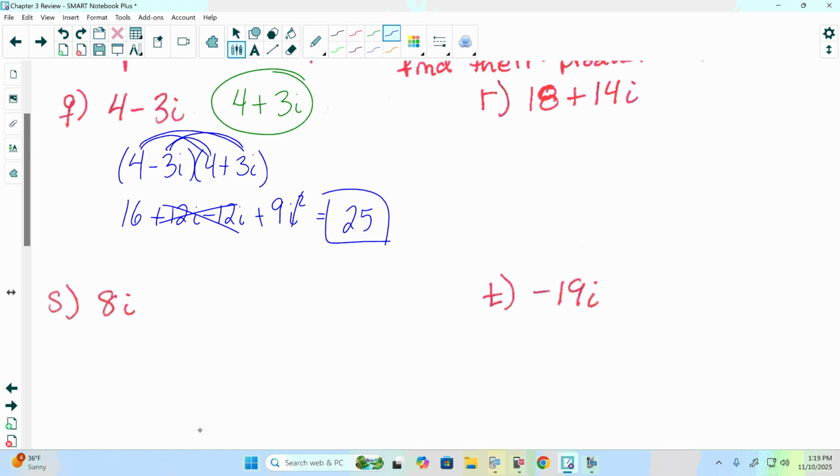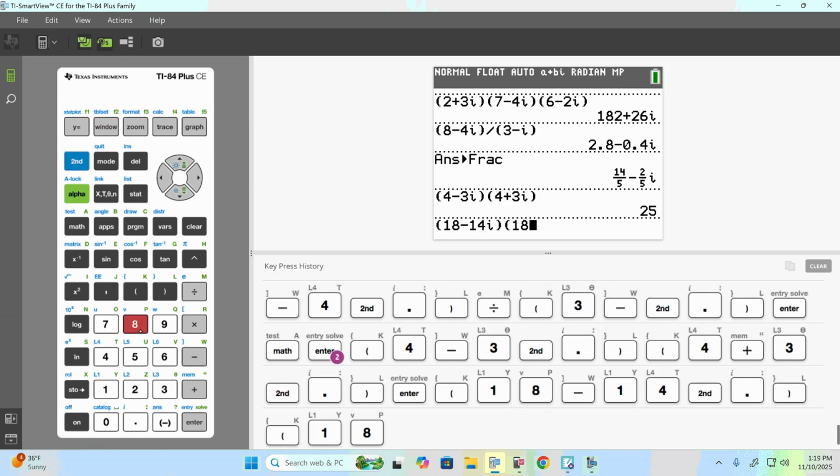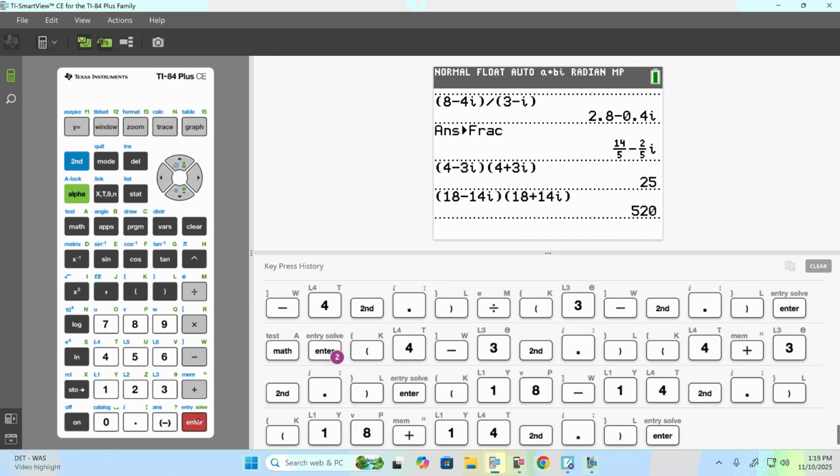18 plus 14i. Its complex conjugate would be 18 minus 14i.